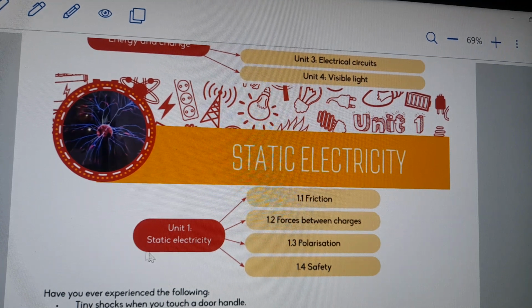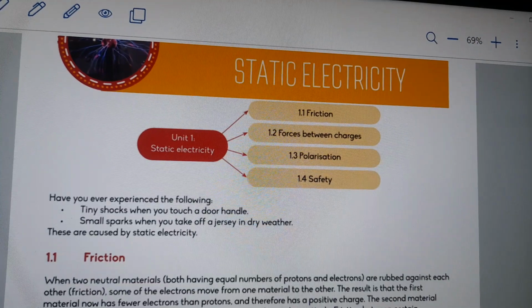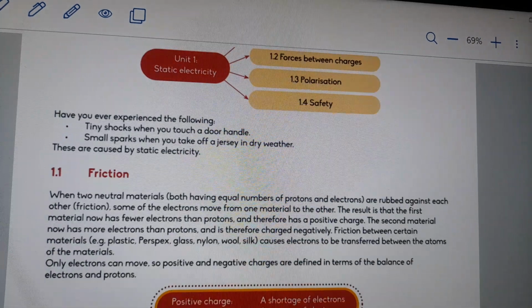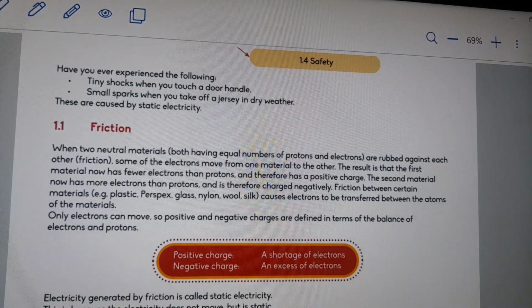All of these 4 fall under unit number 1, which covers static electricity. This is on page 165 of your textbook. So let's start from the top.